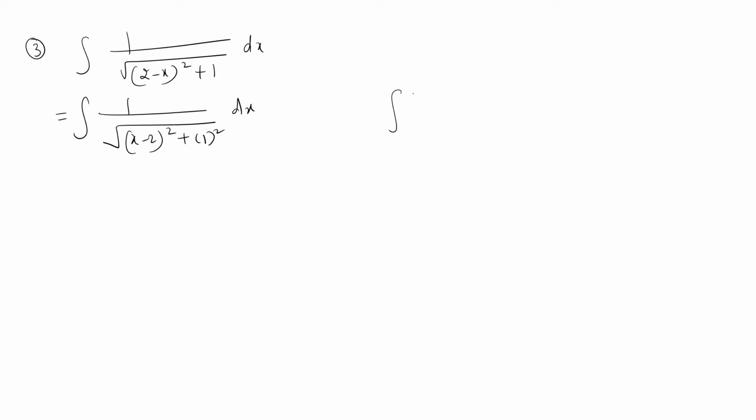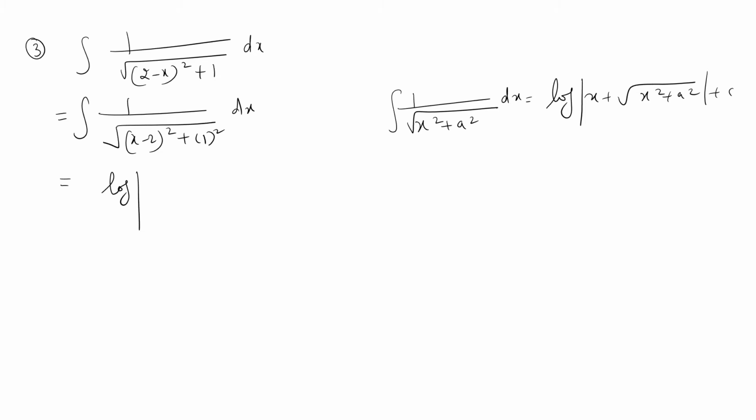So 1 upon integral of x square plus a square dx is of the form log of x plus under root x square plus a square plus c. So you can write it as log of, who is in place of x? It is x minus 2 plus under root x minus 2 whole square plus 1 square plus c.